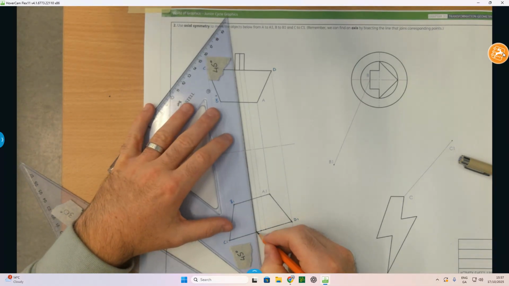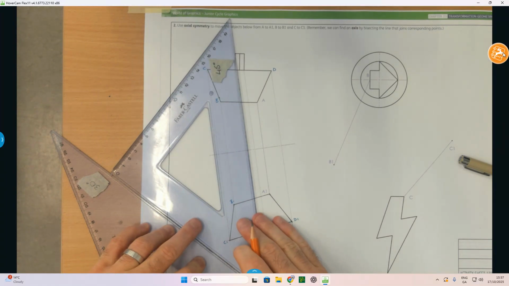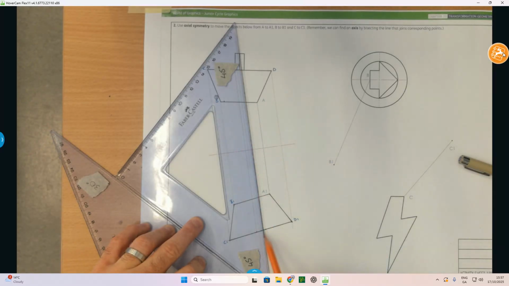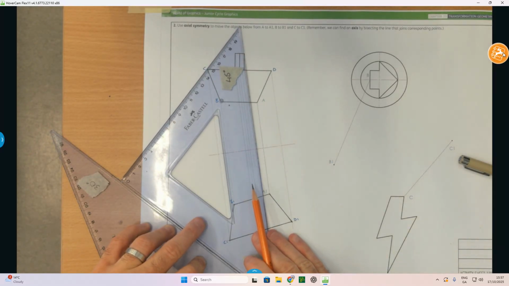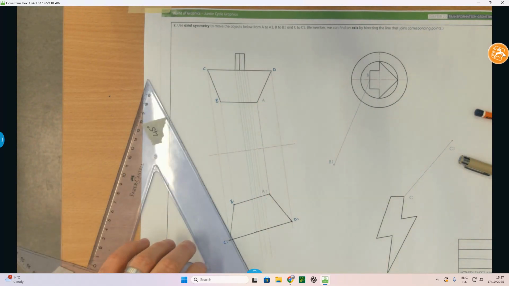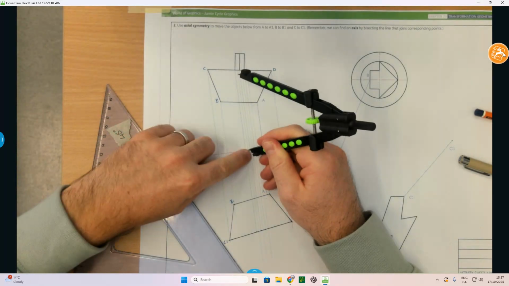So what do I want to do now? I want to find the next three. The rule of thumb here: I go to the top points and mark them like this, and they'll be out along there. Now go to your axis and find the correct point where it crosses over.